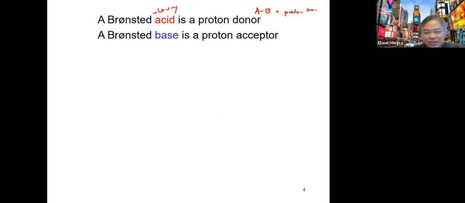Proton transfer. Proton is what here? Ano yung proton? Anyone? The H plus. Now, synonymous to the Bronsted-Lowry acid base definition is yung tinatawag nating conjugate acid base pair.